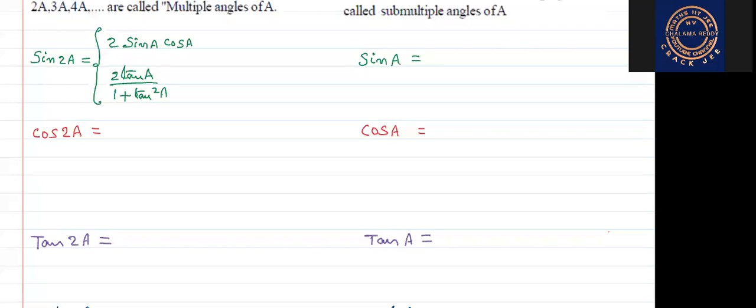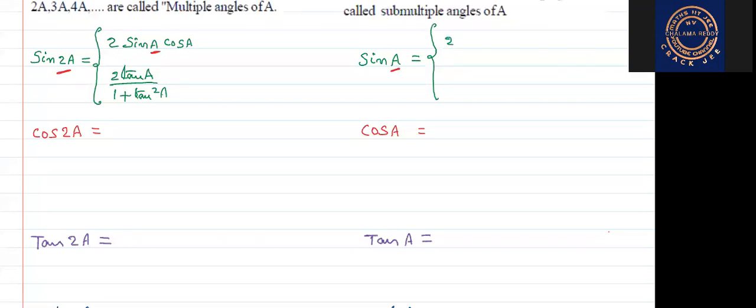And see the submultiple angle formula also. If you know the multiple angle formula, then you will get the submultiple angle formula easily. What is the difference between both? Observe here. Here 2a is there, but here we are getting a. That means half of the angle. Here a is there, then what will come? Half of the angle, or not?